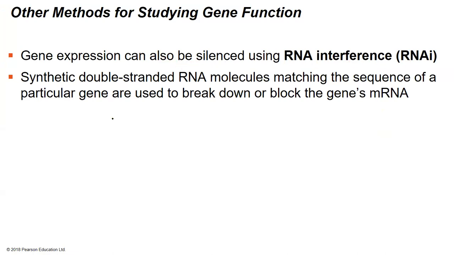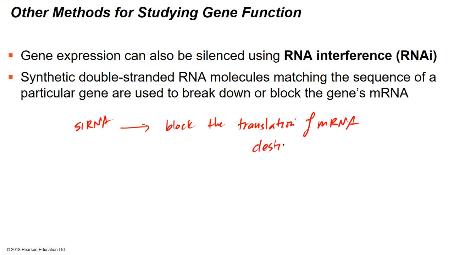And RNA interference, or RNAi, uses microRNAs or small interfering RNAs, and these small interfering RNAs block the translation of mRNAs. Or they destroy mRNA.